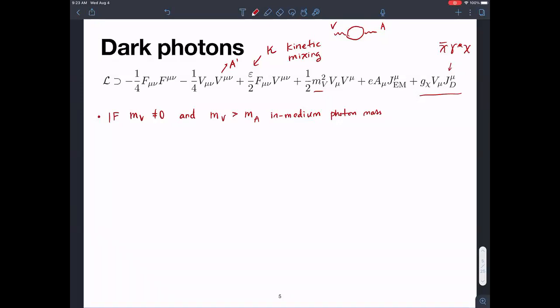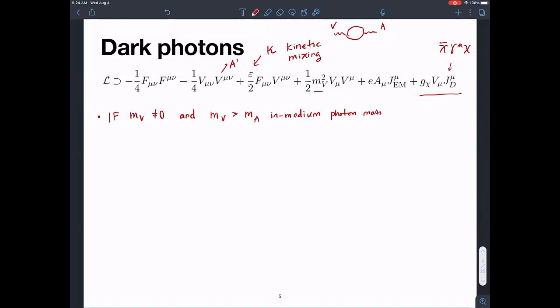Of course, in a vacuum, the photon has no mass, but if you're in a plasma, then in general, there can be some finite photon mass. Basically, you can think of it as an index of refraction of any material. The speed of light gets slowed down so that there's a finite photon mass. So depending on the situation you're in, there will be in general a very small photon mass.